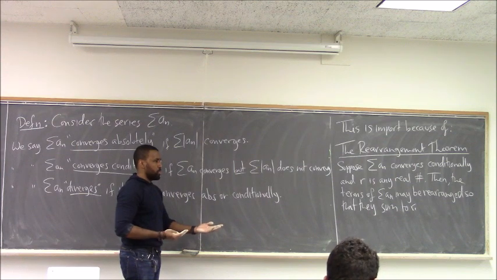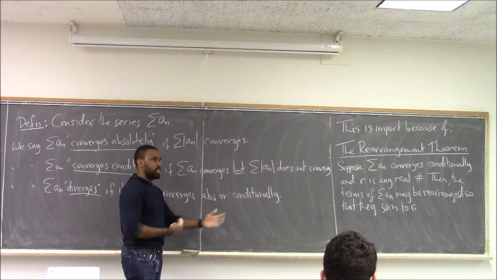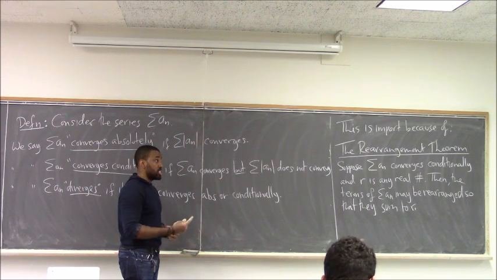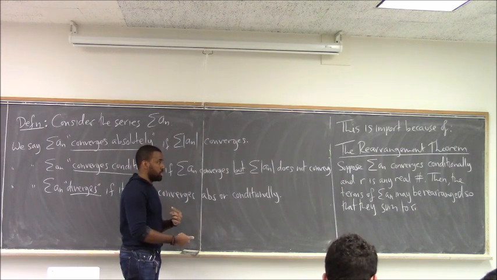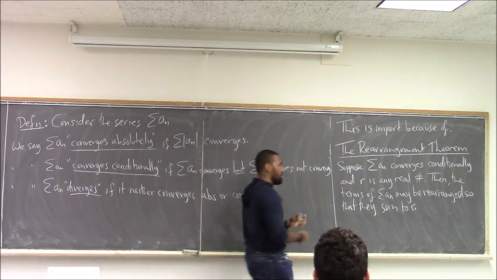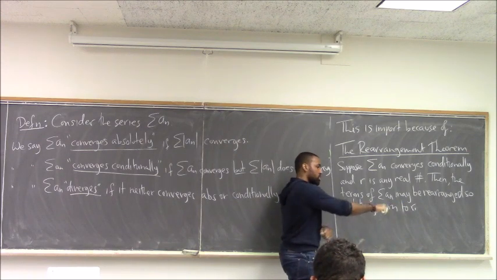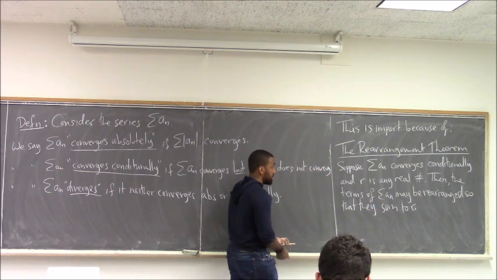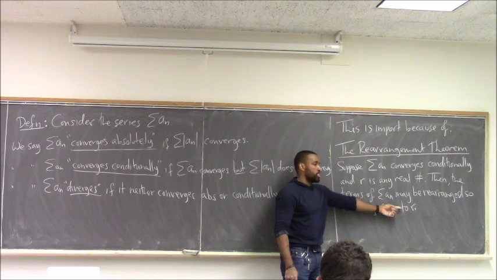Now, of course, this doesn't happen with finite sums. We have commutativity of addition. It turns out that does not work with infinite sums in general. It turns out you can have an infinite sum, you can rearrange the terms and end up with a different answer. More than that, you can end up with any answer you want.